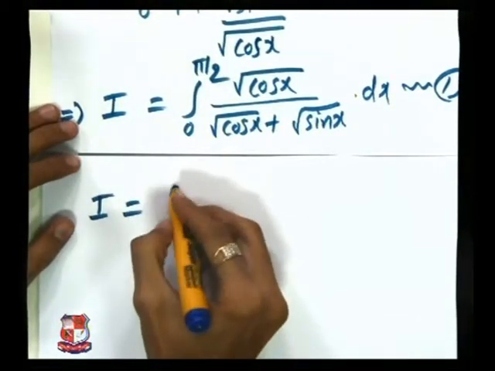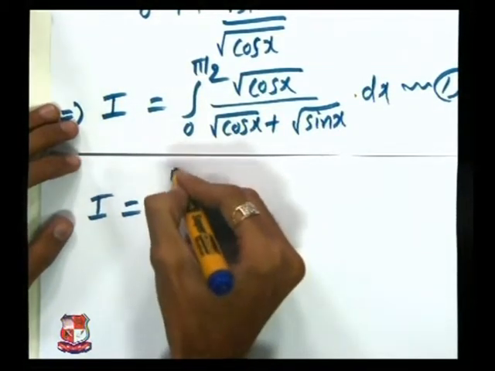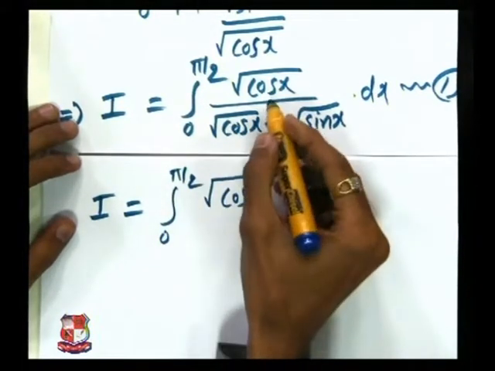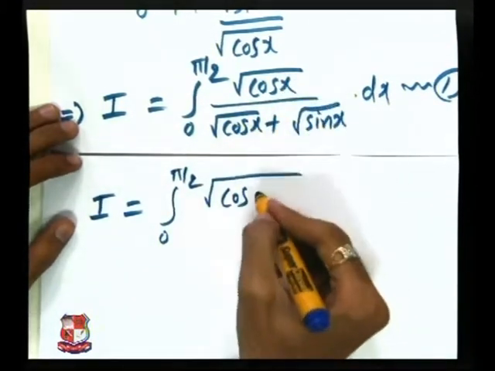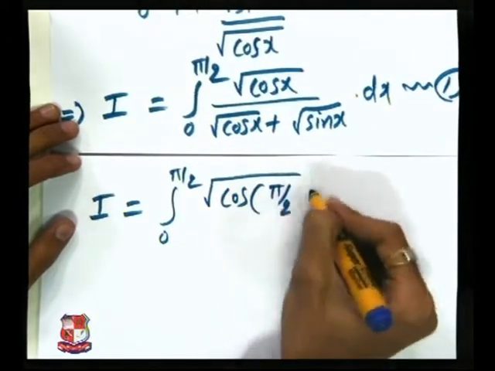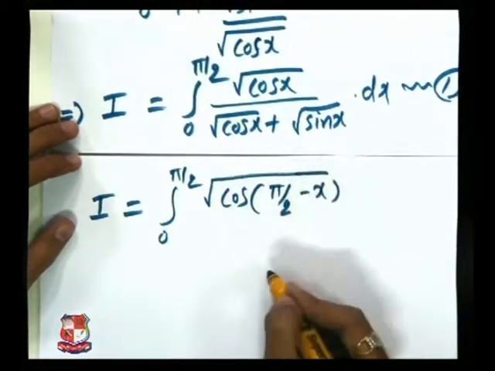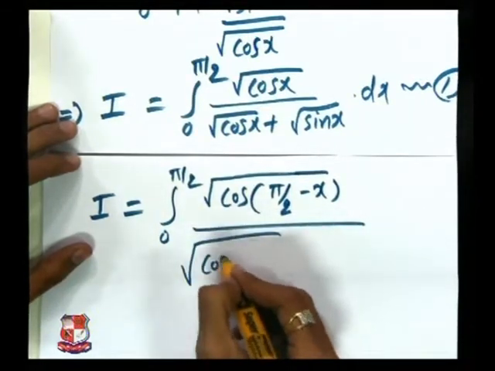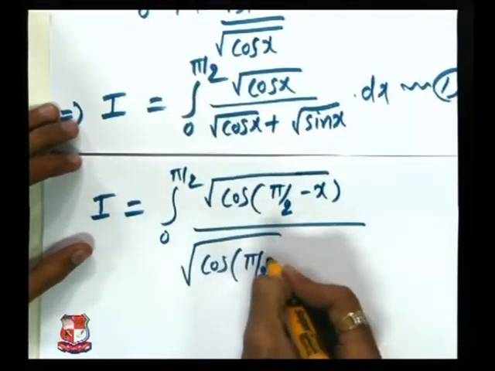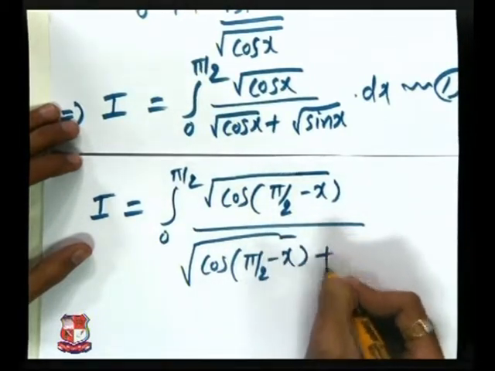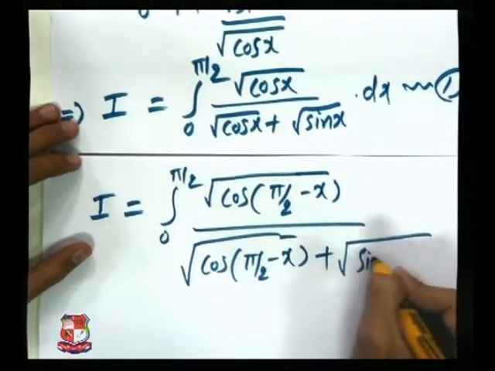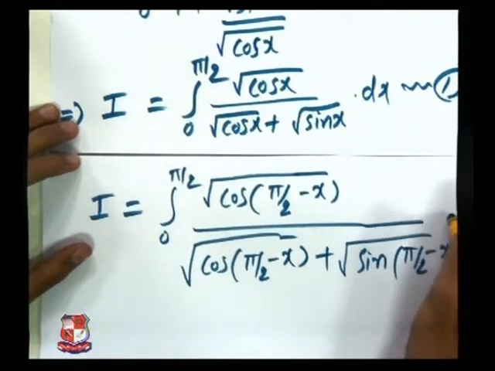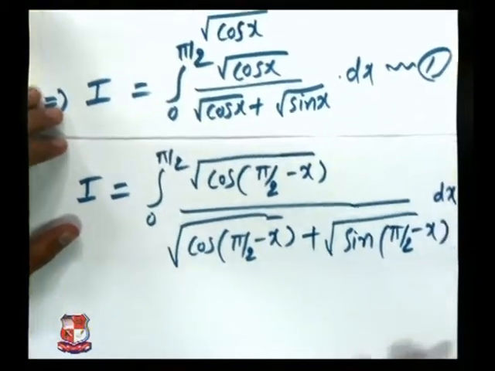0 to pi by 2 cos of a minus x, and a is equal to pi by 2, so this is cos of pi by 2 minus x, upon, in the same way, root cos pi by 2 minus x plus root sin pi by 2 minus x into dx.